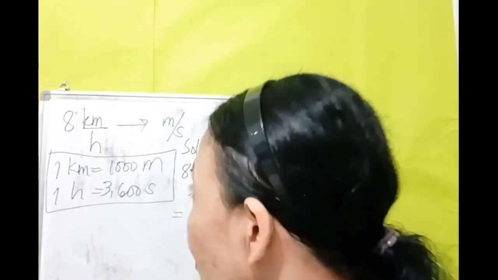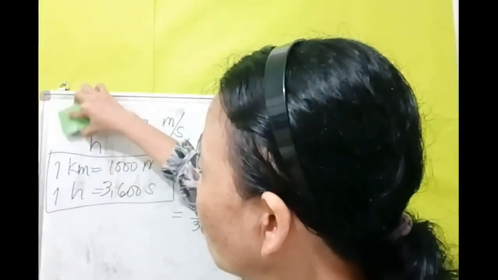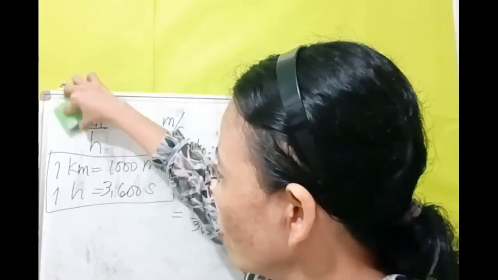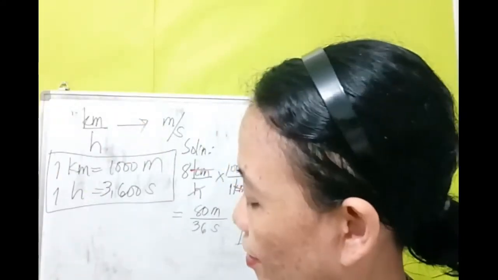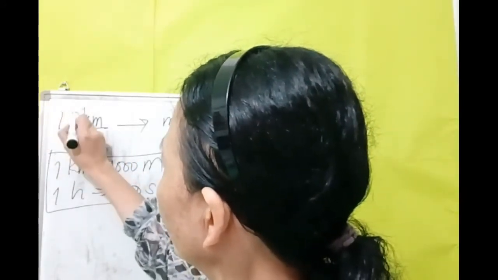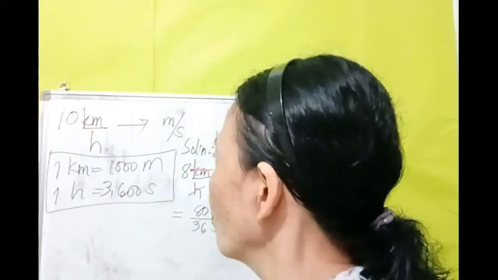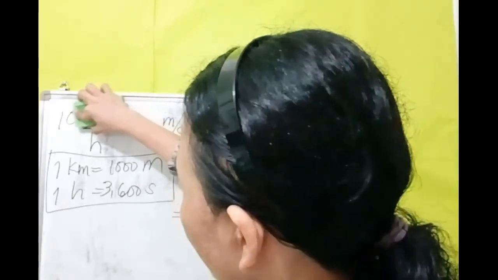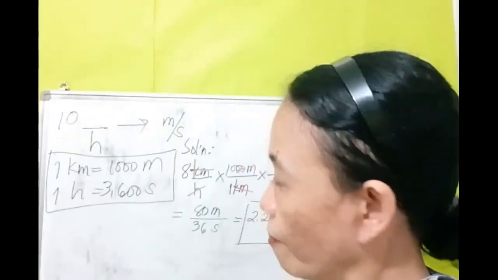Okay, next, how about 10 miles per hour? Let us change this to 10 miles per hour to meters per second. So what are the conversion factors?